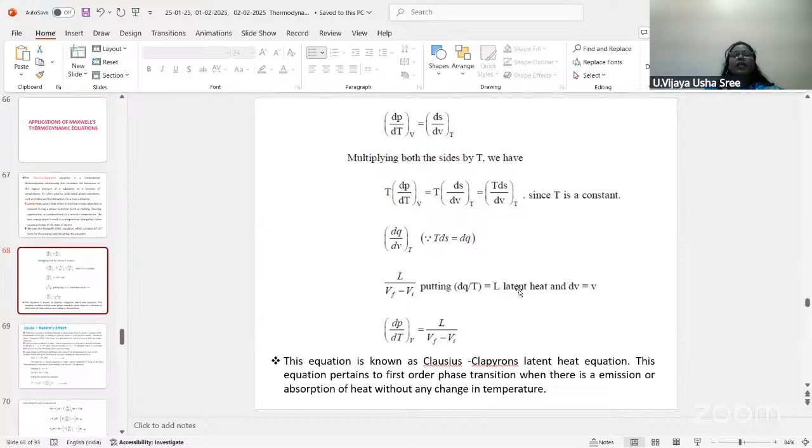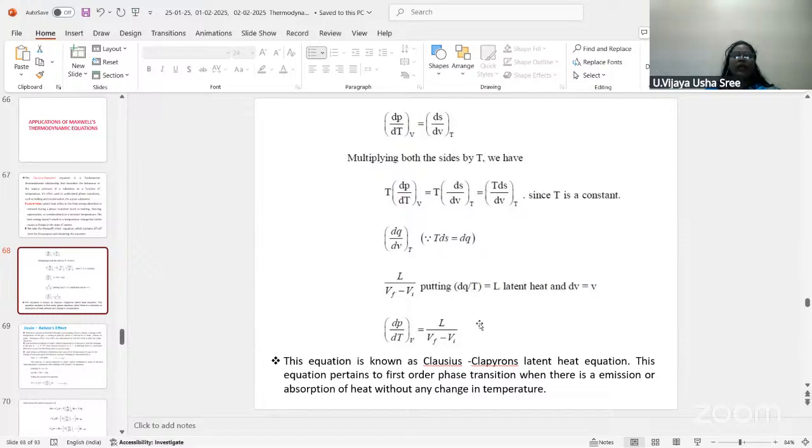Here, L is latent heat, and we are discussing the applications of Maxwell's laws for thermodynamic equations. So dV is equal to V_f minus V_i. Finally, what we get is the Clausius equation: dP by dT is equal to capital L by V_f minus V_i.